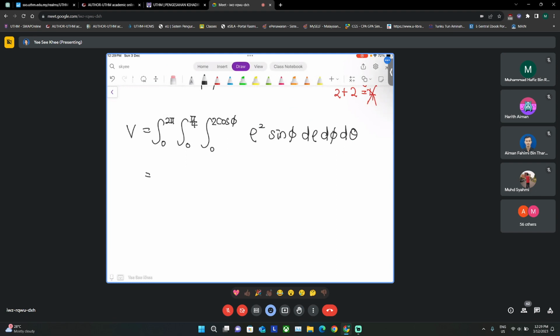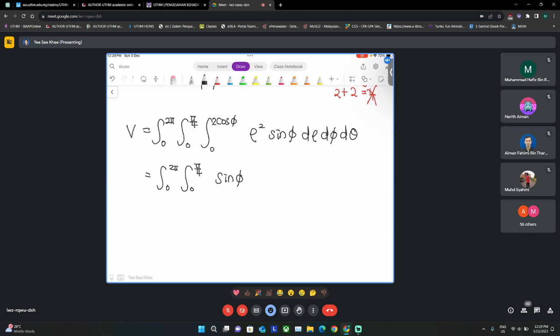Okay, I think this part is okay for you. You can try it. The first one, you take out the sin phi. Then you press calculator. Oh, this one you have to do it manually.